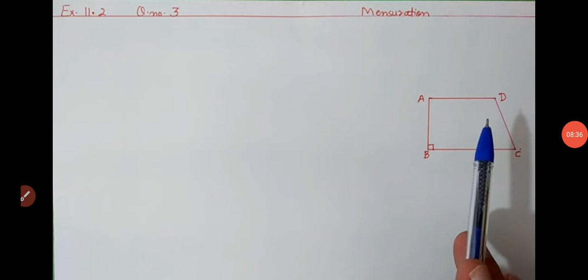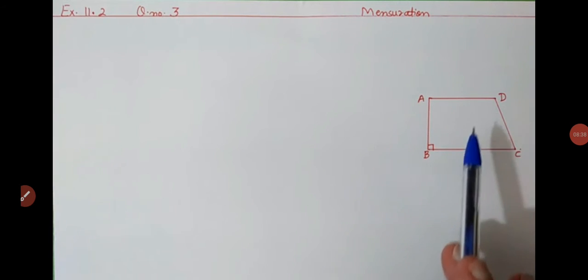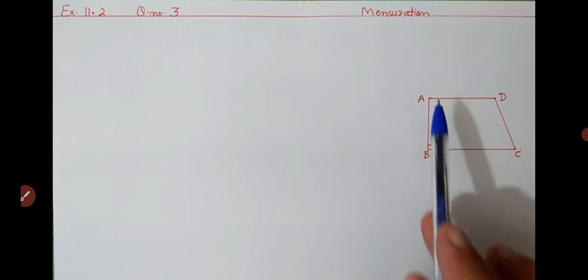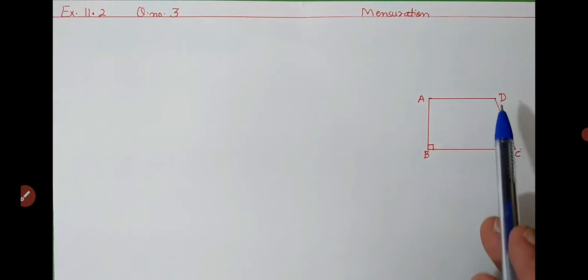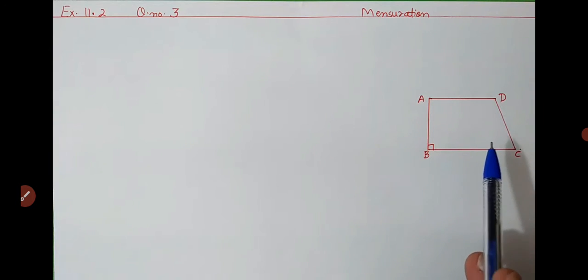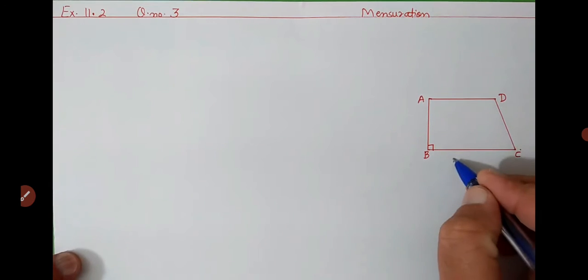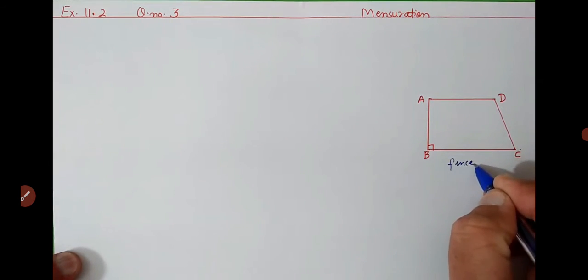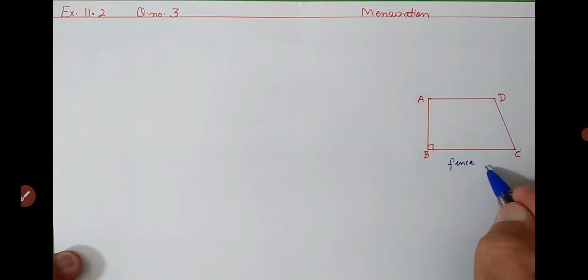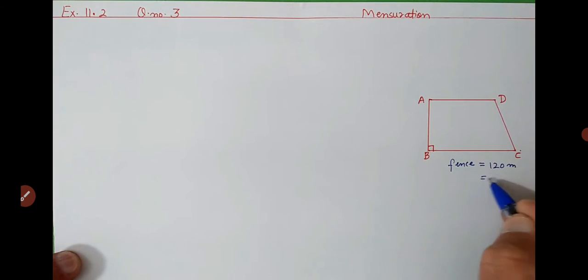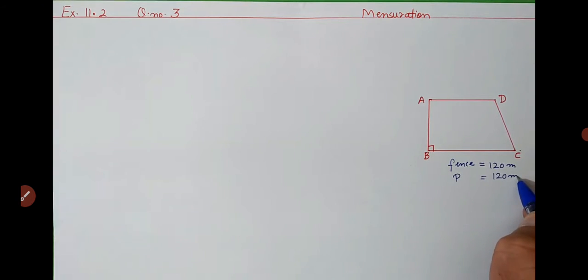Now let's see question number 3. The length of the fence of a trapezium shaped field ABCD is 120 meter. If BC is equal to 48 meter, CD is equal to 17 meter, AD is equal to 40 meter, then find the area of this field. Side AB is perpendicular to the parallel sides AD and BC.